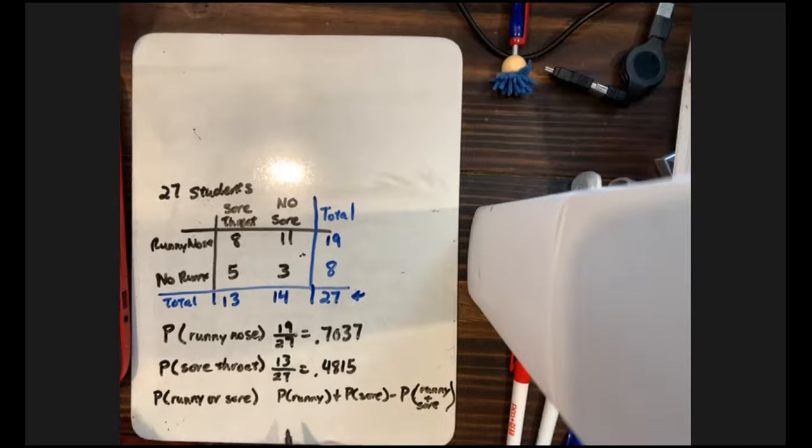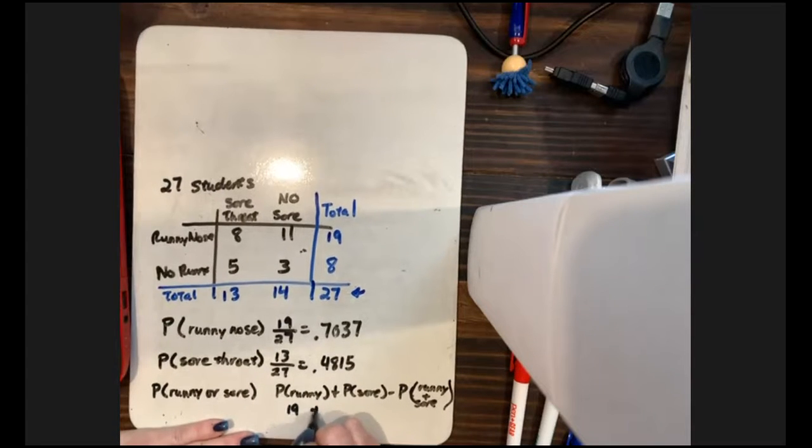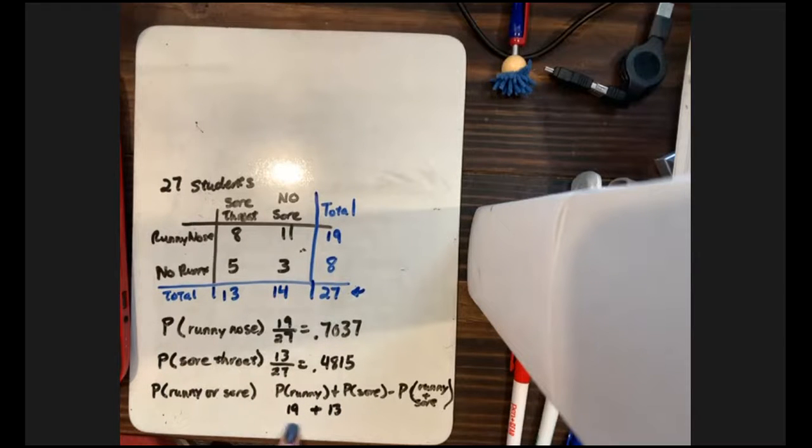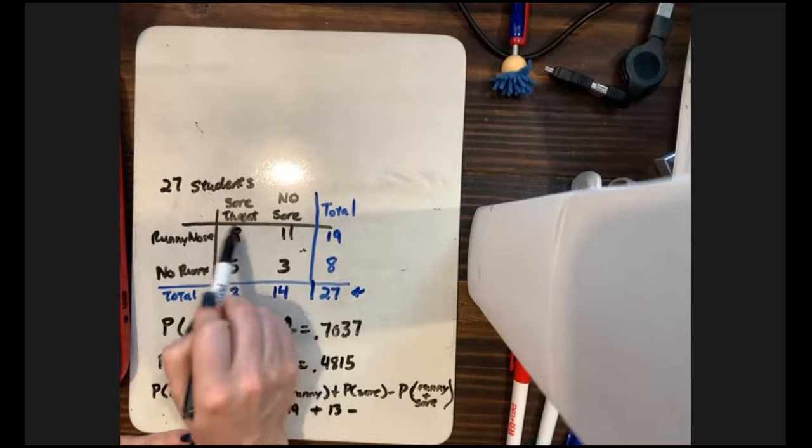So my runny noses is 19 plus my sore throats is 13. And this is a great example to show why we have to do the subtract. If I stopped right here, that is 32 children. The problem is I only have 27. So we're going to subtract those runny nose, sore throated kids.